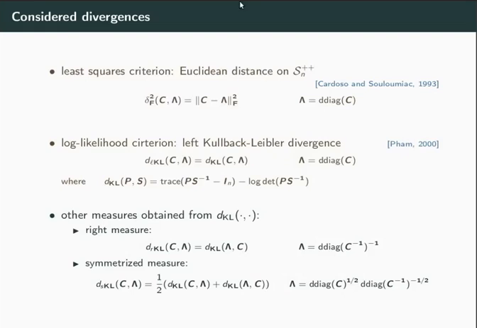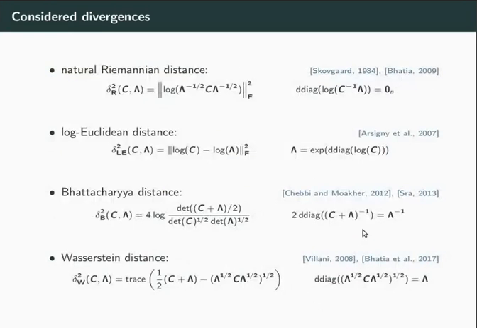And if we take a symmetrized version of the Kullback-Leibler measure, then we have the geometrical mean of the above diagonal matrices.